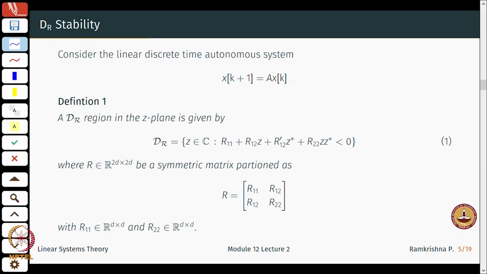In the z plane, I have matrices R11, R12, R22. The DR region is represented by this particular LMI, where R11 and R22 are of these dimensions, and overall I can write R as a partitioned matrix of this form: R11, R12, which is symmetric, and you have R22 here.